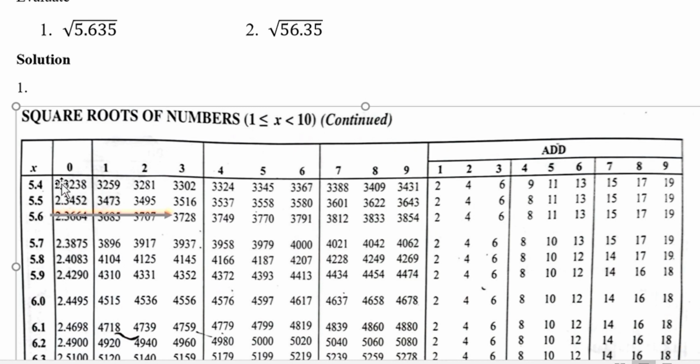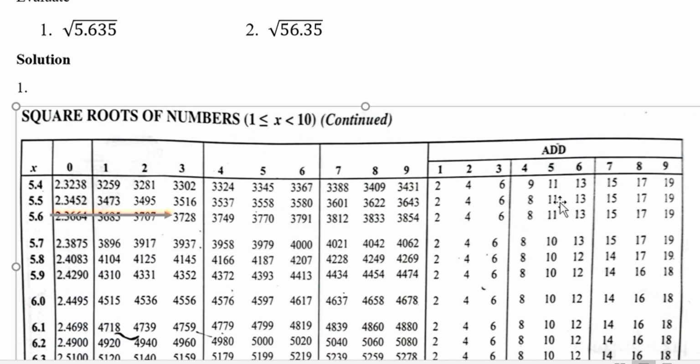This 2 is a whole number which belongs to all these other numbers here. In other words, whatever numbers we have inside the table are the decimal part after 2. So this number is 2.3728.